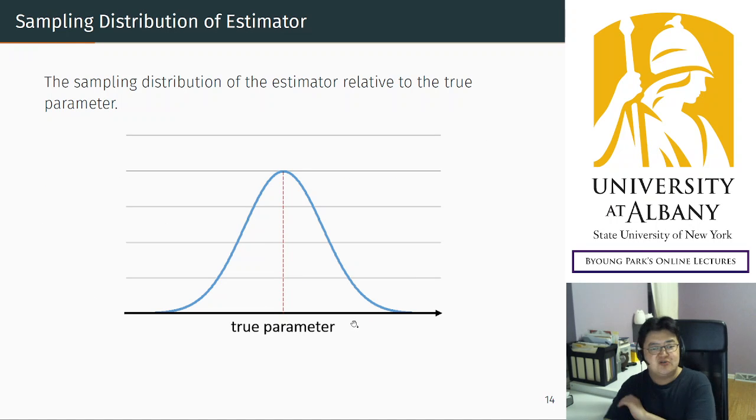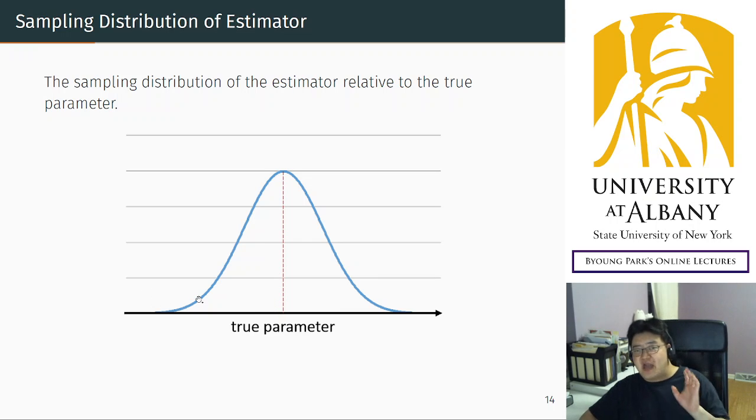So let's use a graph. Suppose that the true parameter is here. This point is the true parameter. And then your sampling distribution for the estimator will usually be a normal distribution like that. In this course, I will say a normal distribution. At the advanced level there are some exceptions, but let's simply consider a normal distribution.